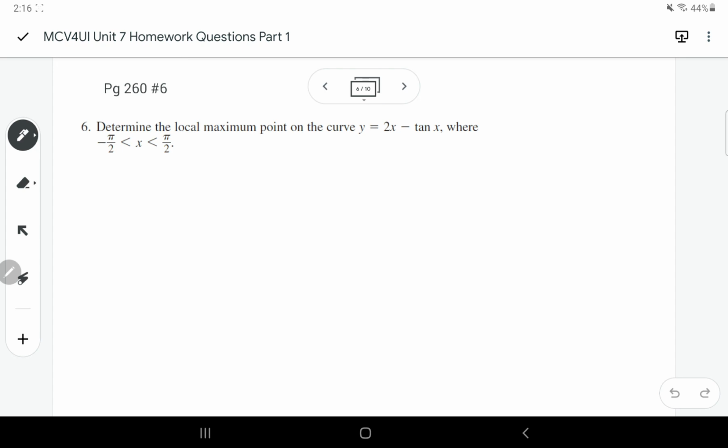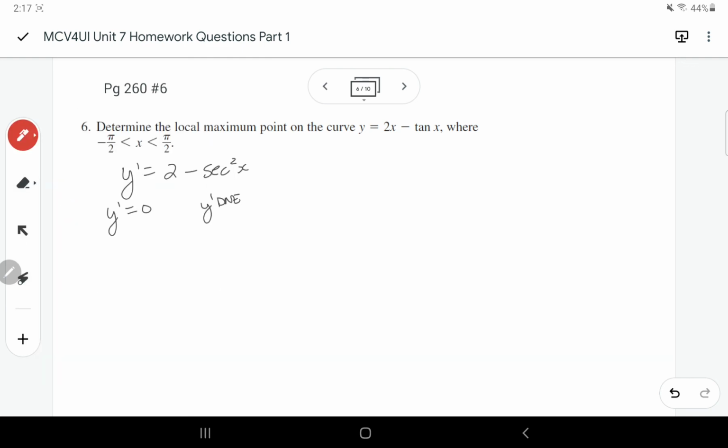Here we're trying to find the local maximum between -pi/2 and pi/2 for this function y equals 2x minus tan x. So here my derivative would be 2 minus secant squared x. So we want to find where y prime equals 0. And in this interval, we would not have any restrictions on secant squared.